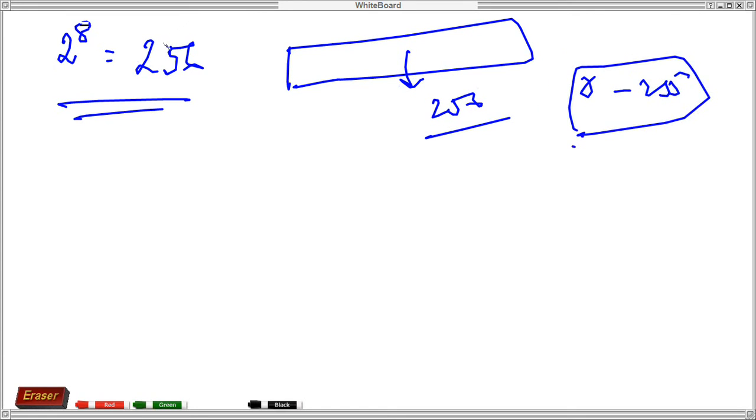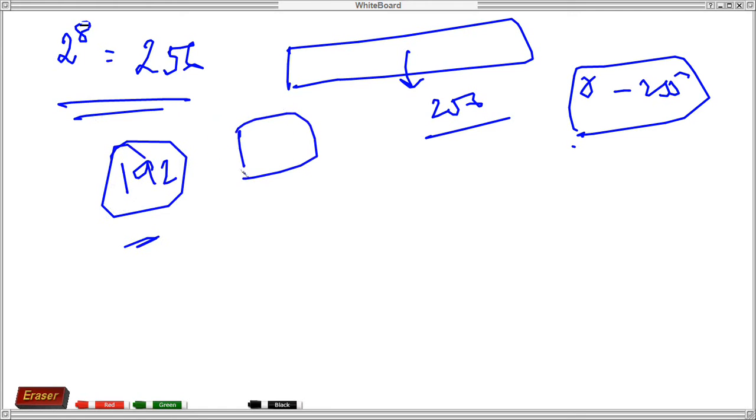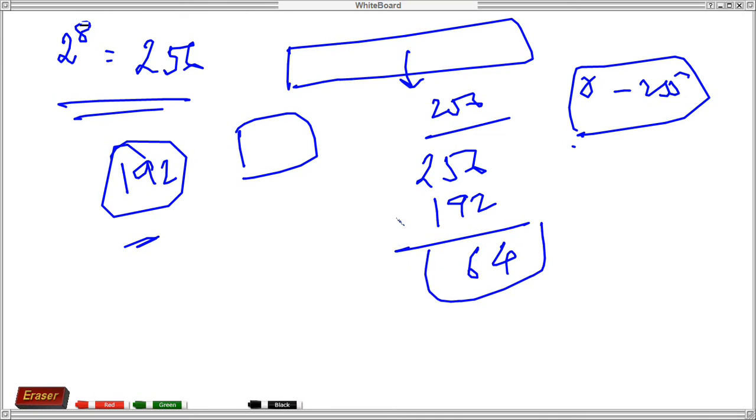So now in this case, if it is 192, in that particular block how many numbers will be there? It is very easy. 256 minus 192, it has to be 64.